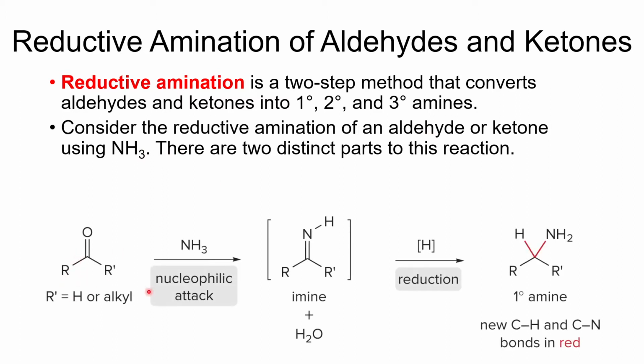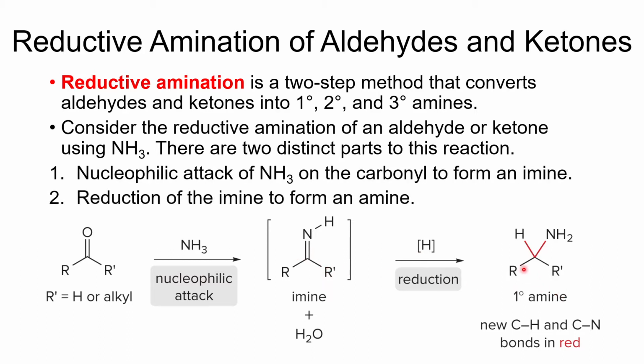So here is an aldehyde or ketone, just depending on whether it's an alkyl or hydrogen here. We treat it with ammonia and a reducing agent. There's an imine that is formed. We do not isolate that imine. We have a reducing agent that we put in at the same time, and that reducing agent will convert this imine into an amine. So imine to an amine.